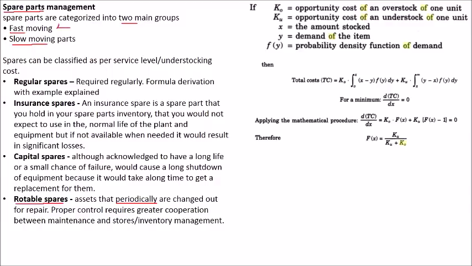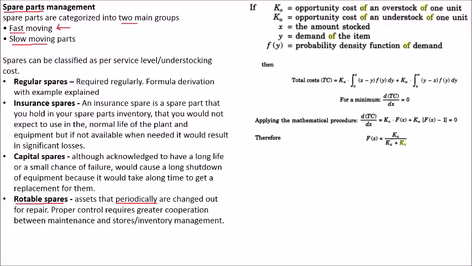However, some spares are slow moving. If you are using breakdown maintenance, when the breakdown happens, you will use those spares. Or in preventive maintenance, you are taking a proactive approach. At that time you find that this part of the machine is so weak that there is a high probability you may end up in a breakdown in 1 or 2 weeks, so let me replace this item with a new one.